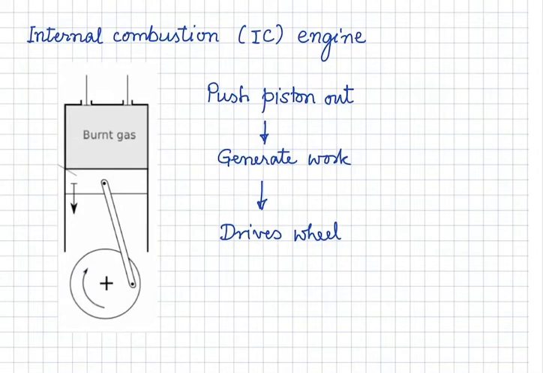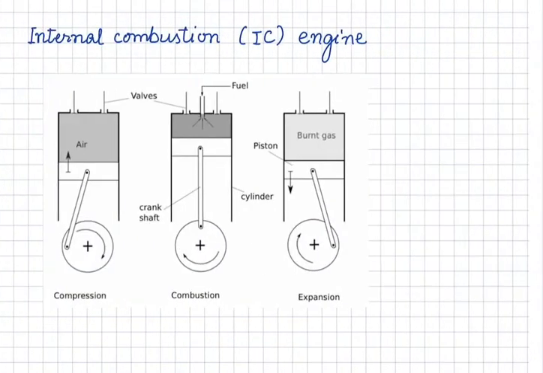This hot gas, high temperature, high pressure burned gas, or post combustion gas as it is called, pushes the piston out, and it goes to a lower pressure and temperature, and this process is called expansion. So this is the third step of our engine function: compression, combustion, expansion.